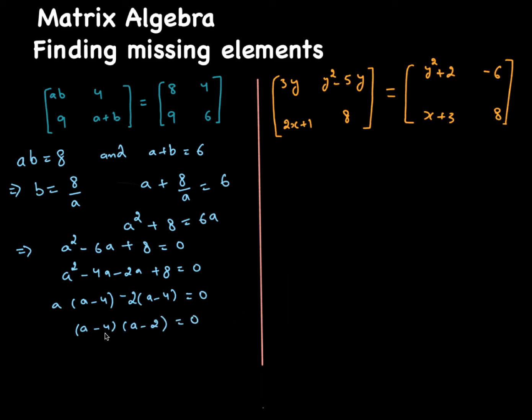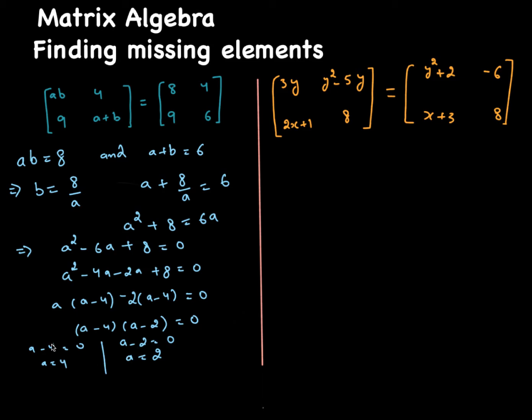Either this is 0 or that is 0, since the product of two numbers is 0, either one of them is going to be 0. If A minus 4 is equal to 0, this gives me A is equal to 4, or if A minus 2 is equal to 0, this gives me A is equal to 2.